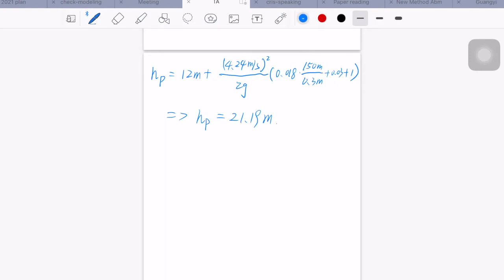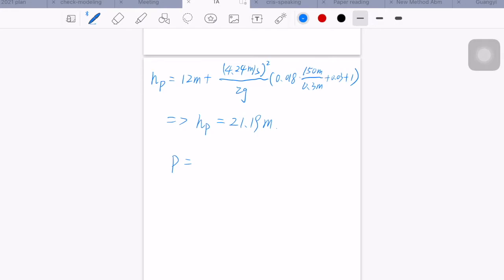And then we apply the power equation. The power should be equal to Q times gamma times HP.